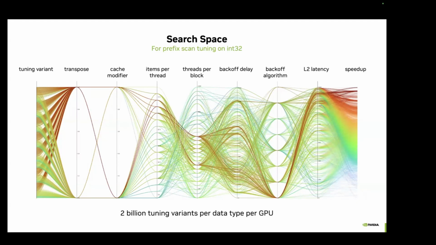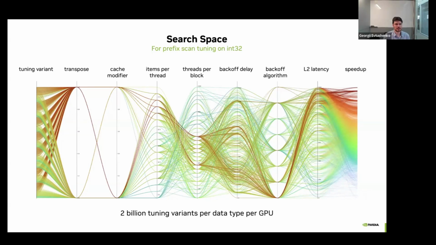Do you mind just helping us read it a bit? What are the colors? So the color is speedup here, and you see complete variants going through different tuning parameters. You can have one tuning variant that chooses to transpose input and then apply some cache modifier like streaming or LDG.